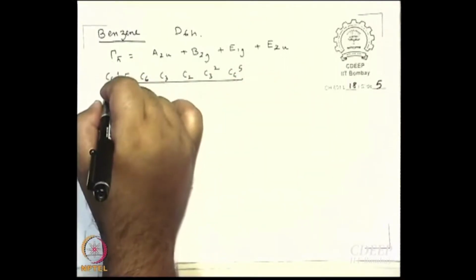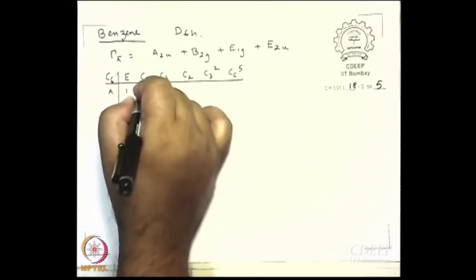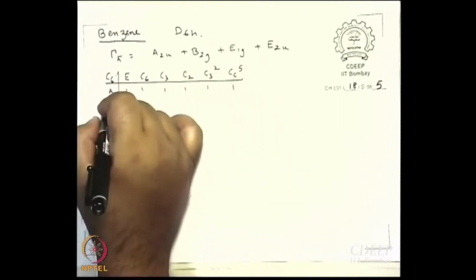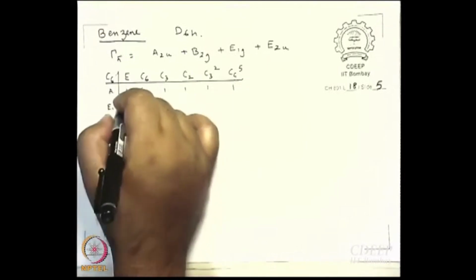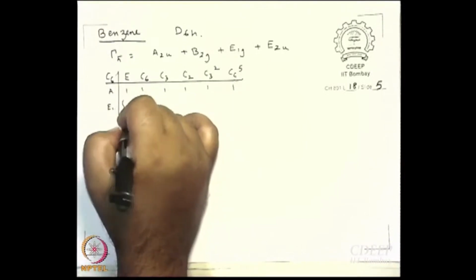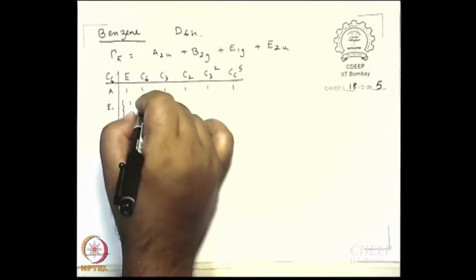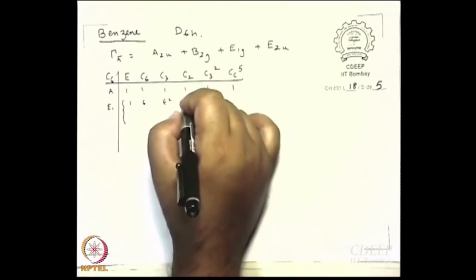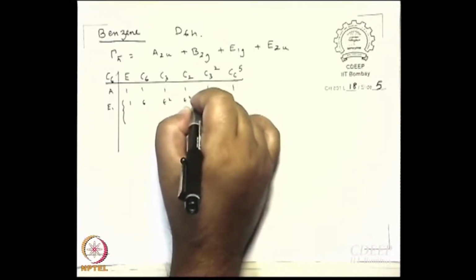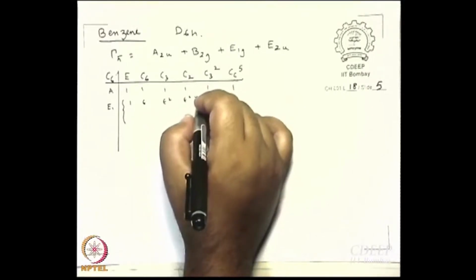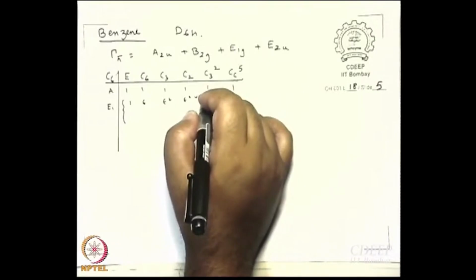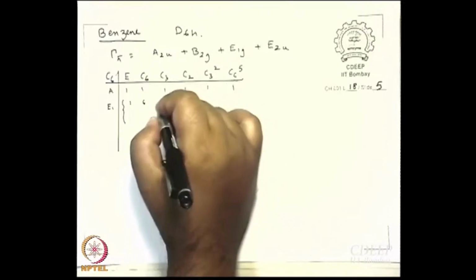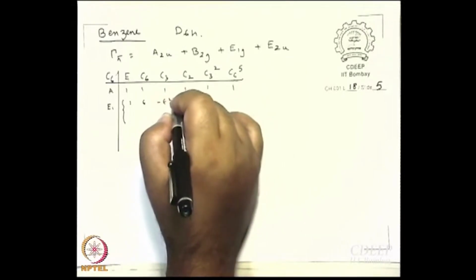So A is 1 1 1 1 1 1. Then you have E1, which is a combination of 1, epsilon, epsilon square star. What am I doing? 1, epsilon, minus epsilon star.